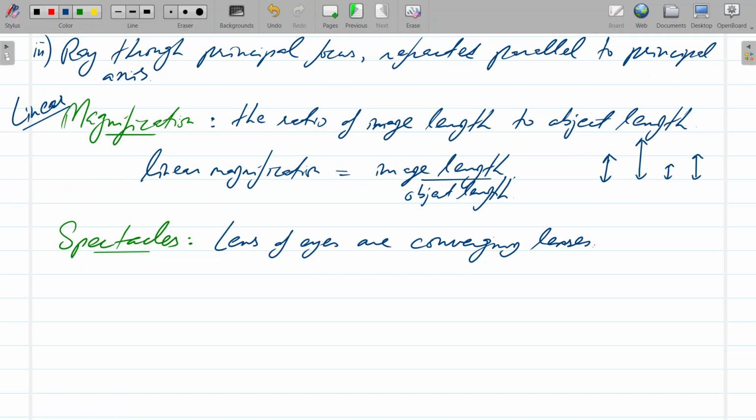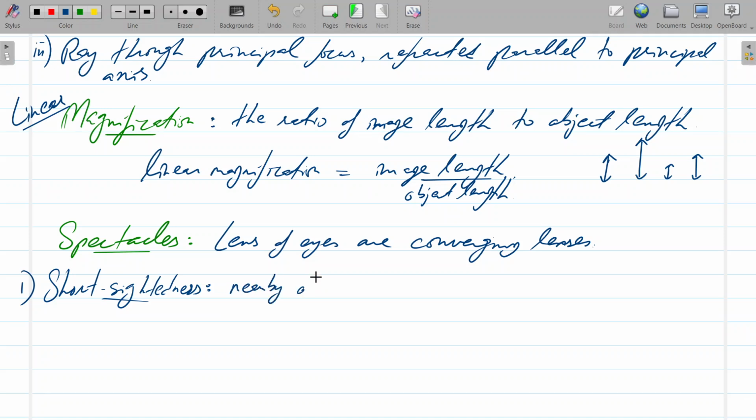Now, what happens when a person is short-sighted? Short-sightedness is what most people experience: they can see nearby objects clearly, but distant objects appear blurred.